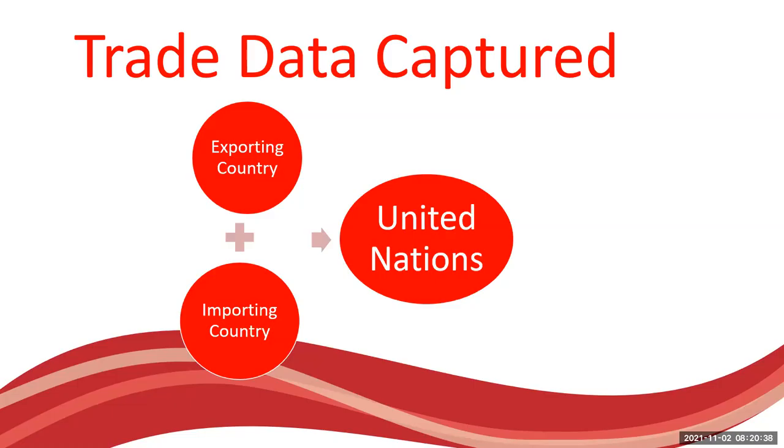Not all countries report export data. I think Turkmenistan is one that does not report their export data. So what they'll do then is what's called mirrored data. They'll see what's being imported and then they'll be able to see on the bill of lading where it's coming from. So they use that number to calculate it.